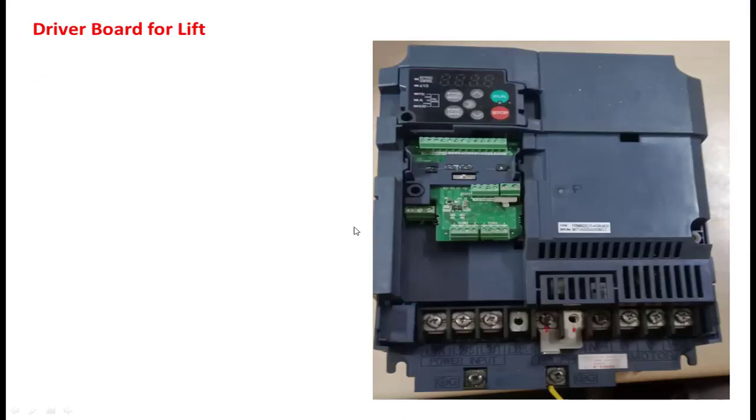This is the driver board, which gives pulses to the inverter circuit. That inverter circuit gives a variable voltage and variable frequency to the induction motor, so that it maintains the required speed while the lift is moving from one floor to another floor.